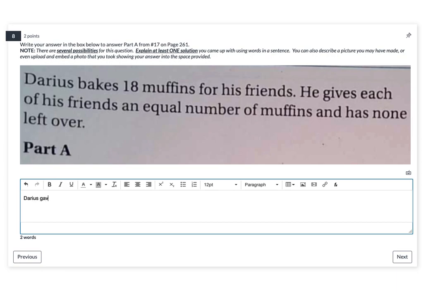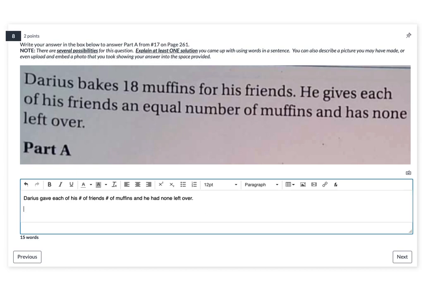Darius gave each of his certain number of friends a certain number of muffins, and he had none left over. Okay, you could show us with a picture if you want to show, like, here's the muffins. If you put them in, you could use X's like that to show your groups too, if that is helpful.